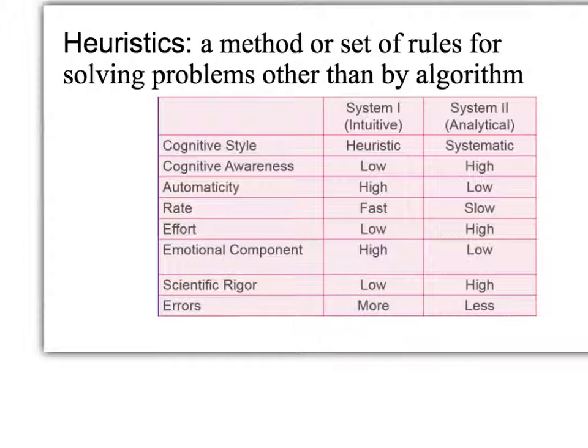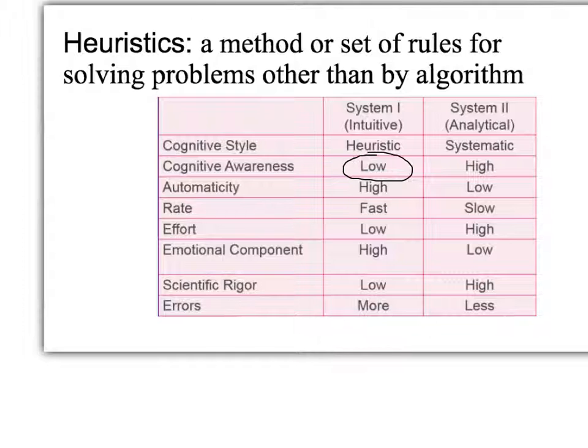So first, let's take a look at the fast way of thinking, the intuitive way of thinking. Okay, the heuristic, it is heuristic. It's using a set of rules, but it's not an algorithm. The next thing you see here under cognitive awareness is that it's low cognitive awareness. And so that in itself could lead to diagnostic error.